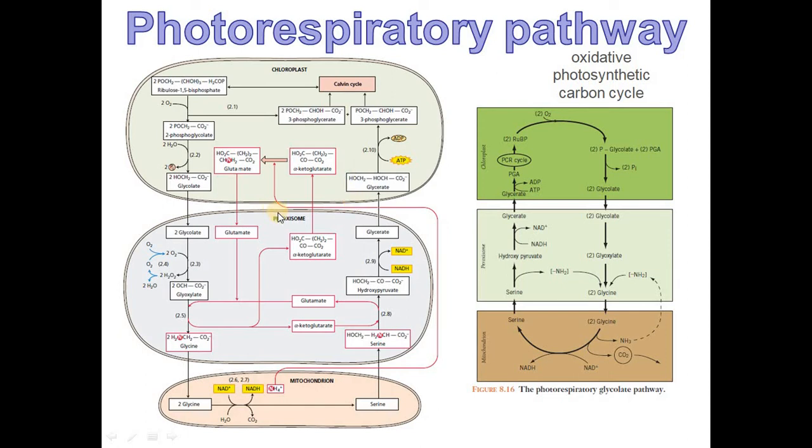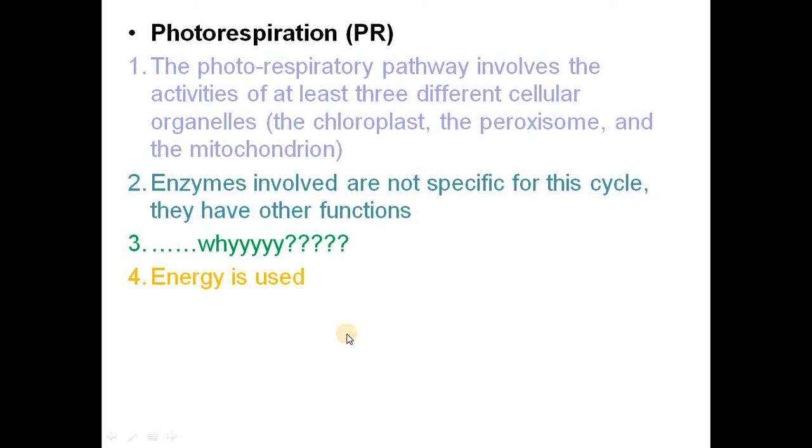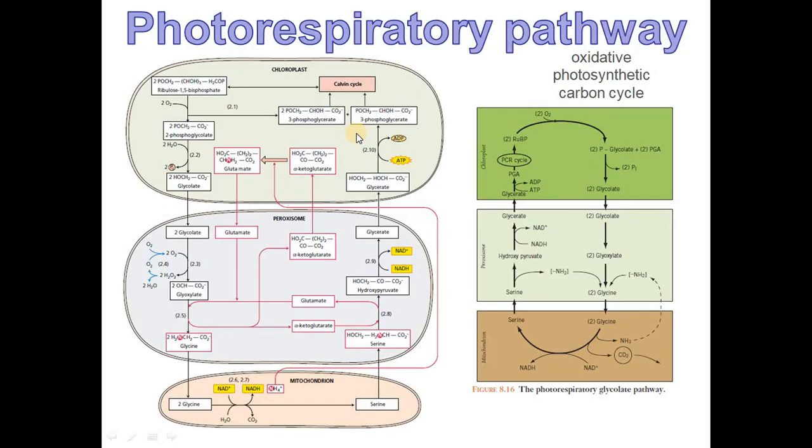There are a lot of things going on in these three organelles. What is happening in the photorespiratory pathway is that we see all three organelles, the chloroplast, the peroxisome, and the mitochondria. Then we see all these intermediate amino acids, and most of the enzymes responsible for converting these amino acids and other molecules, that's not their job.